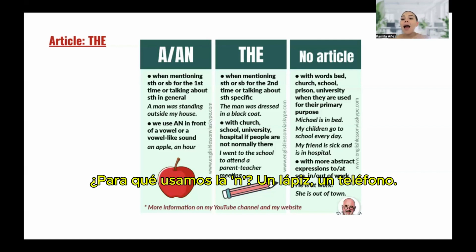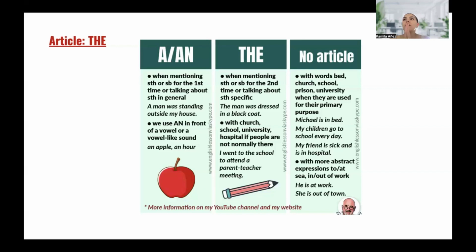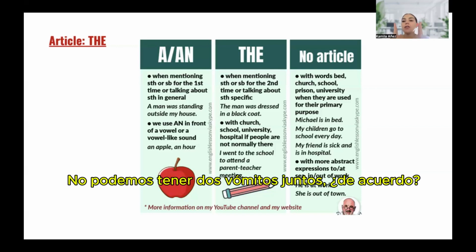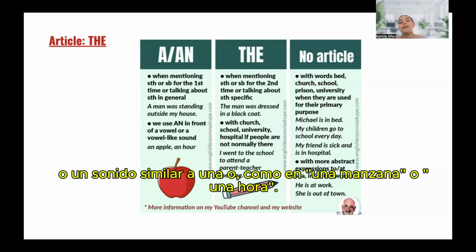What do we use "an" for? Let's say we use the "n" to separate two vowels. We cannot have two vowels together, all right? Or a vowel-like sound. For example, an apple, an hour, okay?